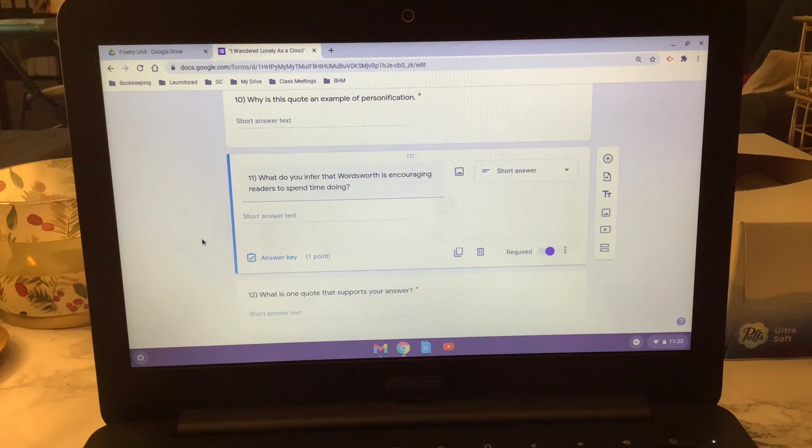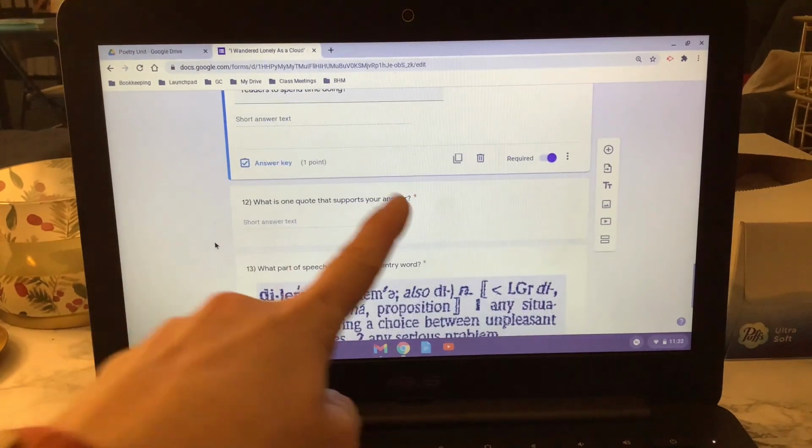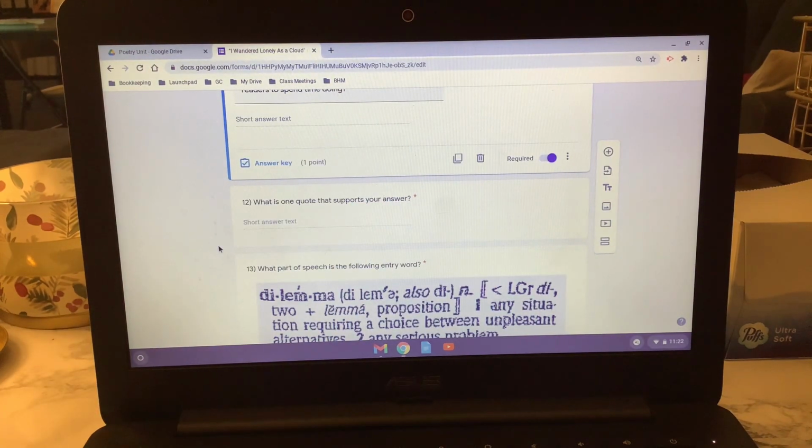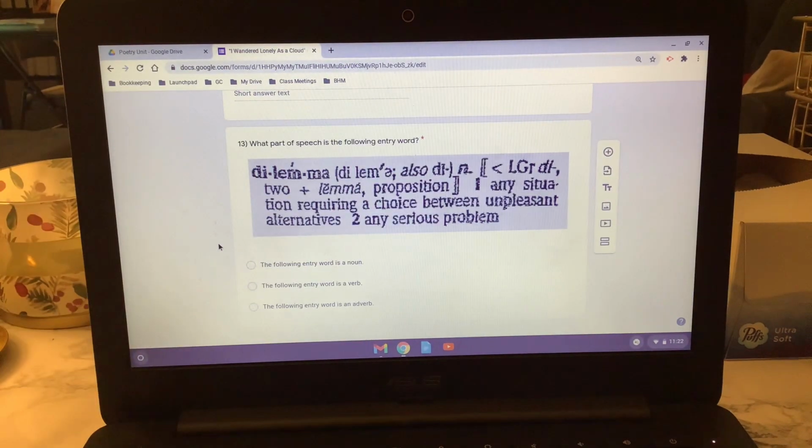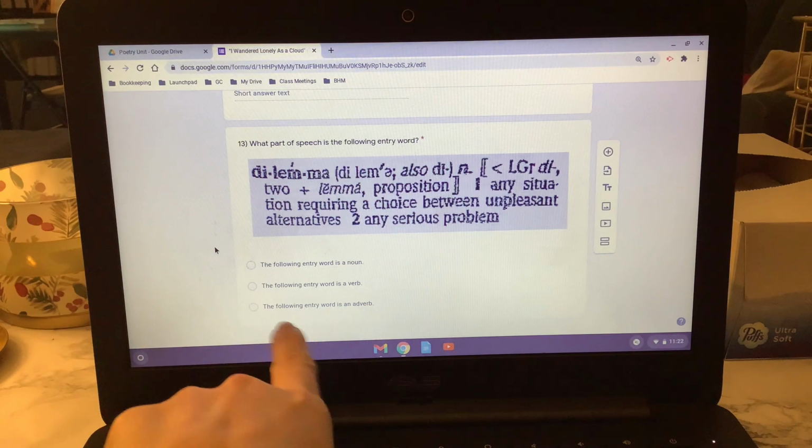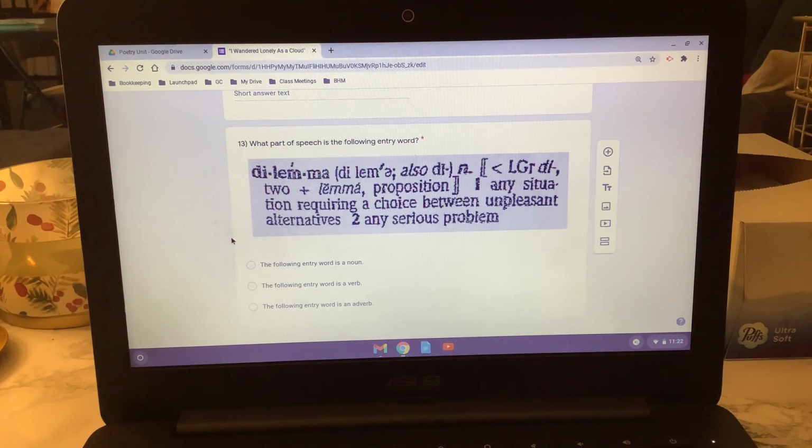What is one quote that supports your answer? So one quote that supports my answer is blank. And then question 13, what part of speech is the following entry word? So is it a noun, a verb, or an adverb? All right. Thank you for my patience with that form as I'm kind of bopping around.